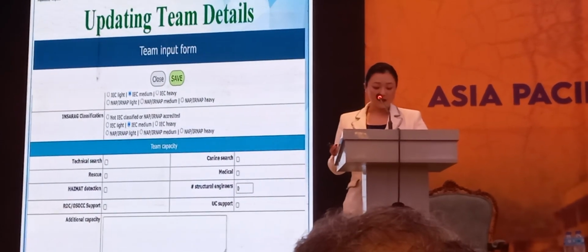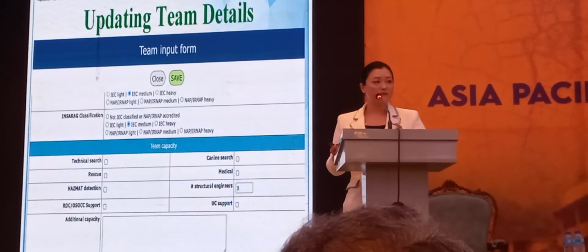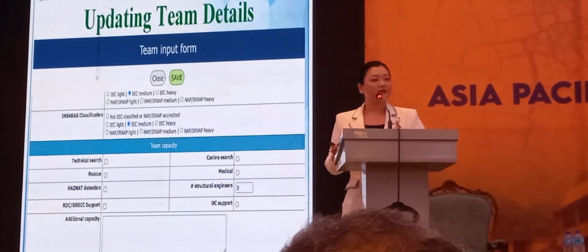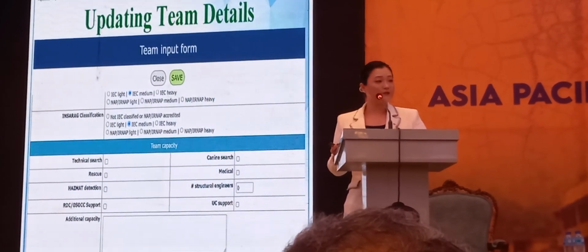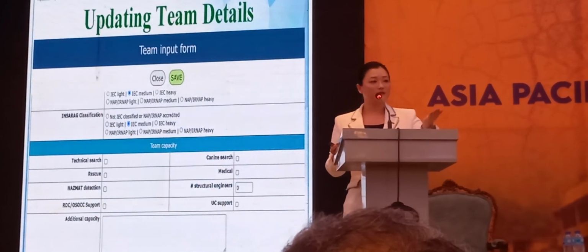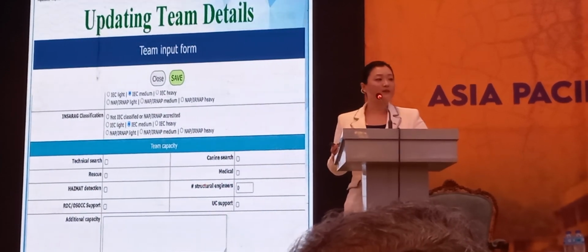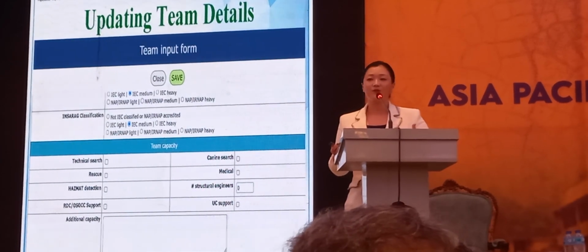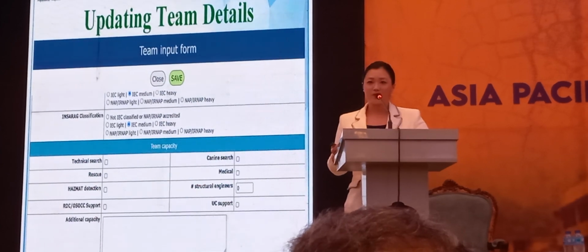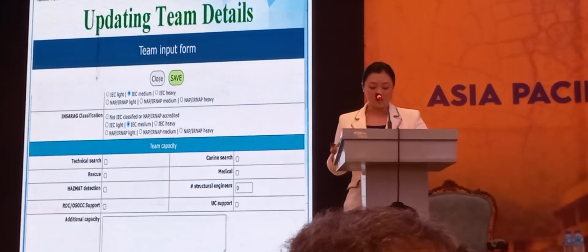And whenever you use a template, don't forget to update it. It is not an issue when you create a new template, but if you are using the standard template, don't forget to update the team details according to the response and the deployment that you are taking on.